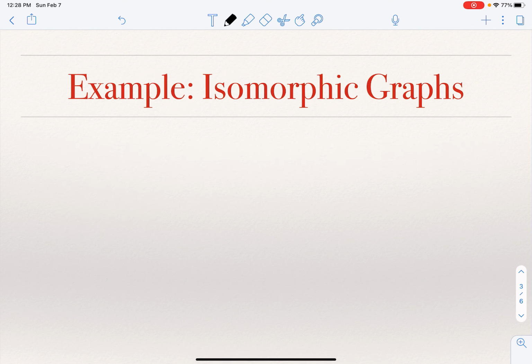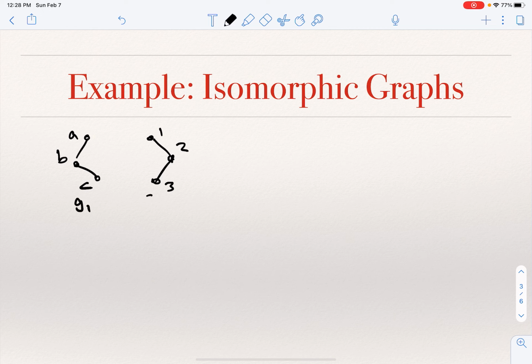So if I look at, again, something like this here, this is a simple example, A, B, C, and 1, 2, 3. These are the two graphs, G1 and G2. And I say, are they isomorphic? Yes, I can take the bijection function from the nodes of G1 to the nodes of G2 and define it as follows.